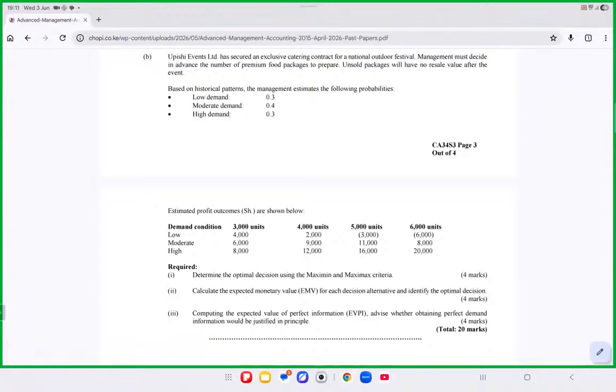Ooh, somebody has already taken away the money.